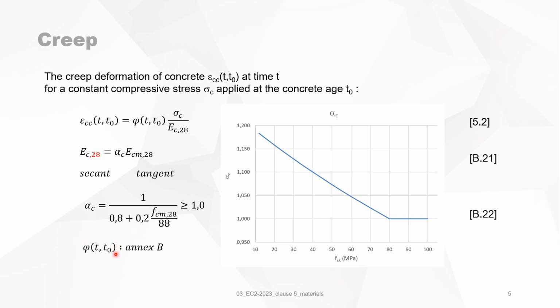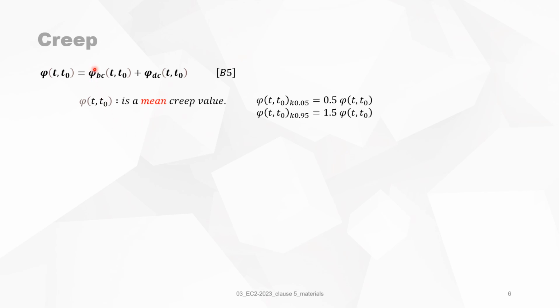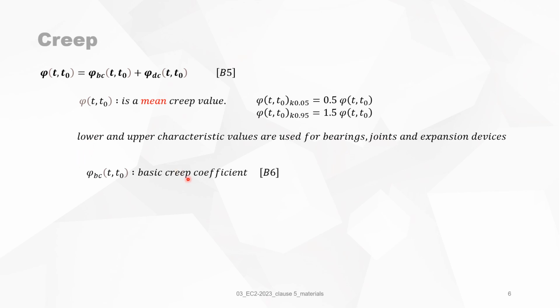The creep coefficient at a certain time t, when the loading started at t0, is given in Annex B, and now we will have a look at that. The creep coefficient is the sum of two types of creep, which is the basic creep coefficient added to the drying creep coefficient.